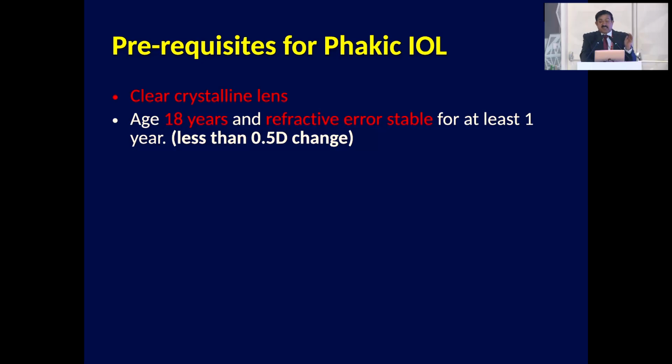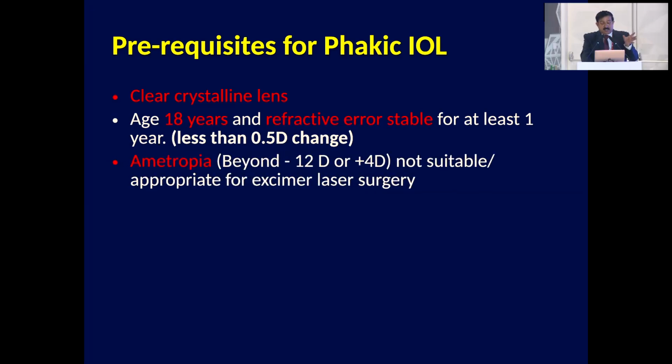The refractive error has to be stable, and this is very, very important. Six months, we adhere to 100%. Let us remember that these are very high myopes. Even at 20, 21, there might be a change in the dioptric error.